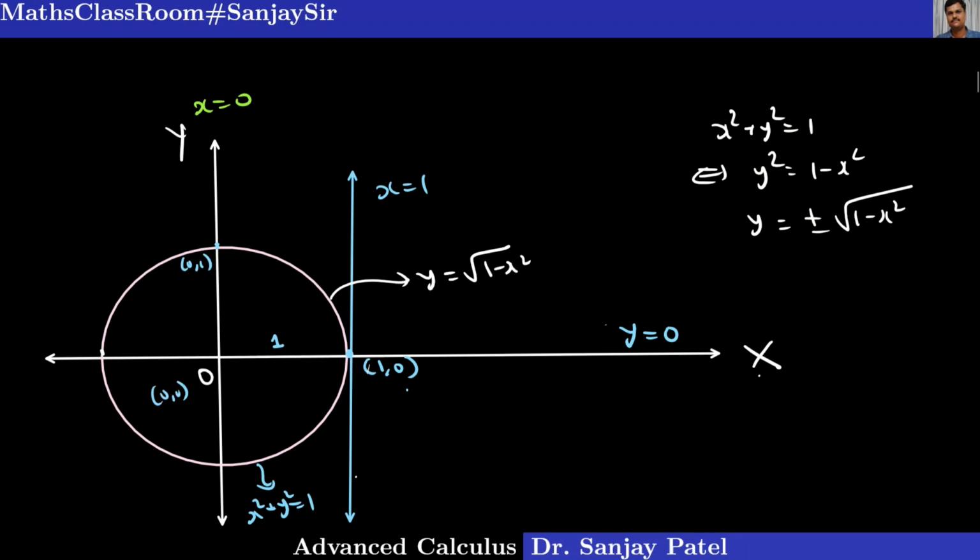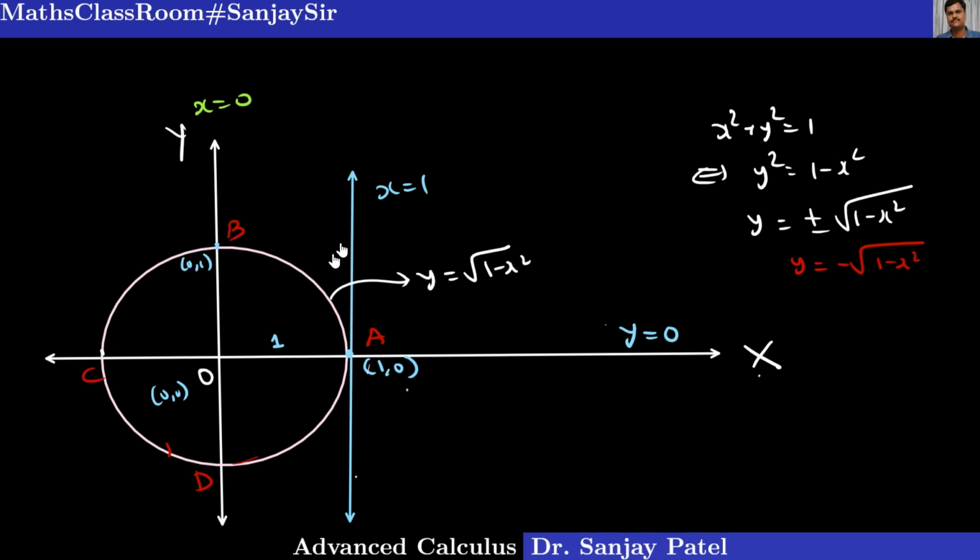But if you are considering the lower arc, then its equation is given by y is equal to minus square root of 1 minus x square. If I name the points A, B, C, and D, then the arc CDA is given by y is equal to minus square root of 1 minus x square.